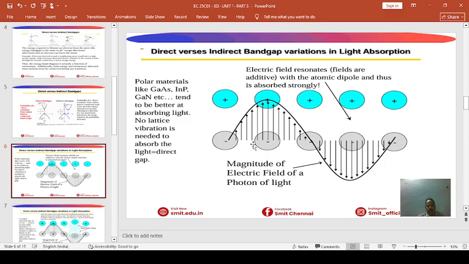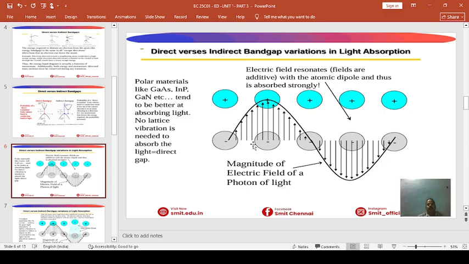The total concentration is N equals equilibrium plus excess carriers. Similarly for holes, under non-equilibrium conditions, the carrier concentration changes due to external excitation. Low level injection means excess carriers are much smaller than the equilibrium carriers. This condition is very important in most device analysis.